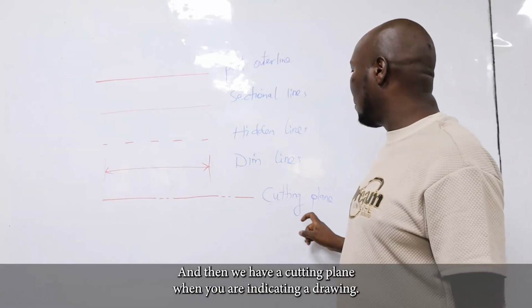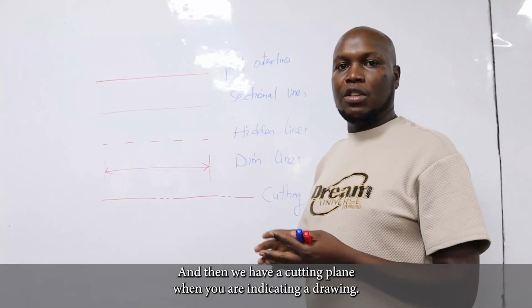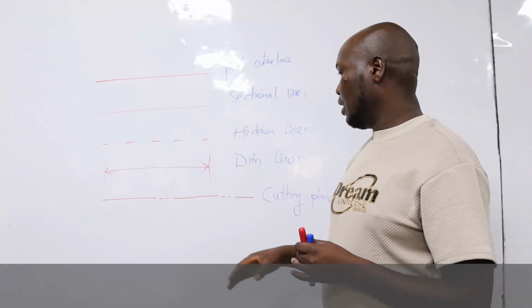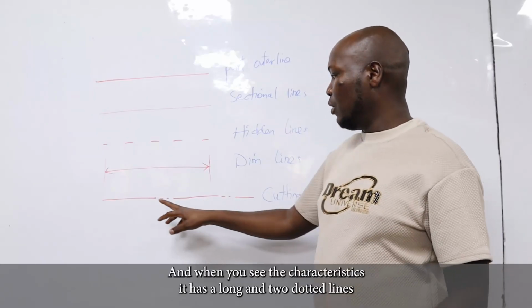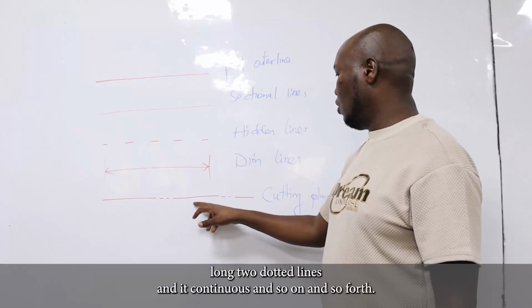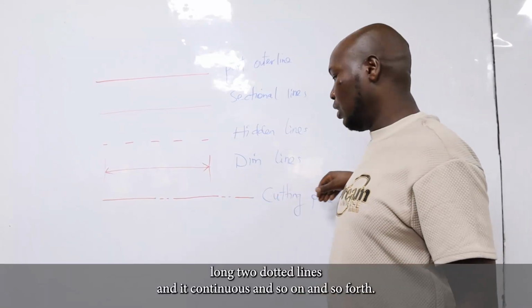And then we have a cutting plane. When you are indicating a drawing where a cutting section has been cut, you use this kind of line, which has a long and two dotted lines, long and two dots, and it continues and so on.